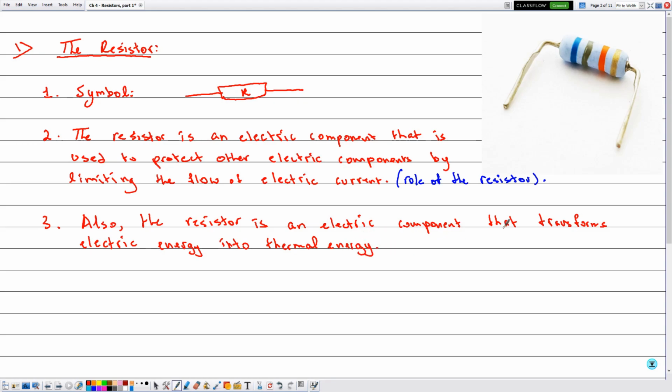Then the resistor is an electric component that transforms electric energy into thermal energy, and by thermal energy I mean the heat energy.